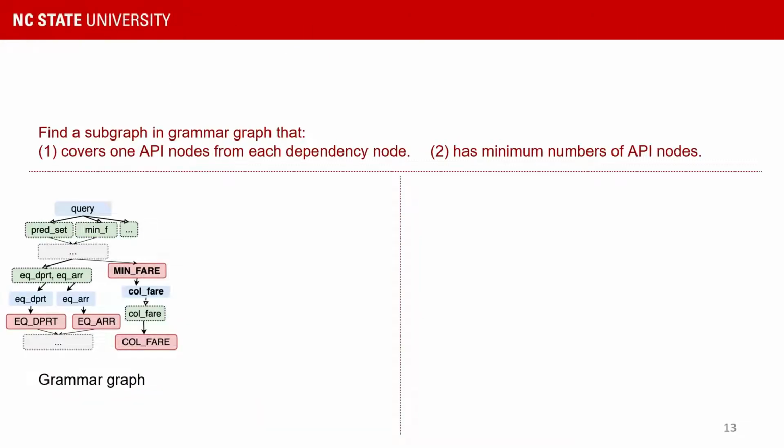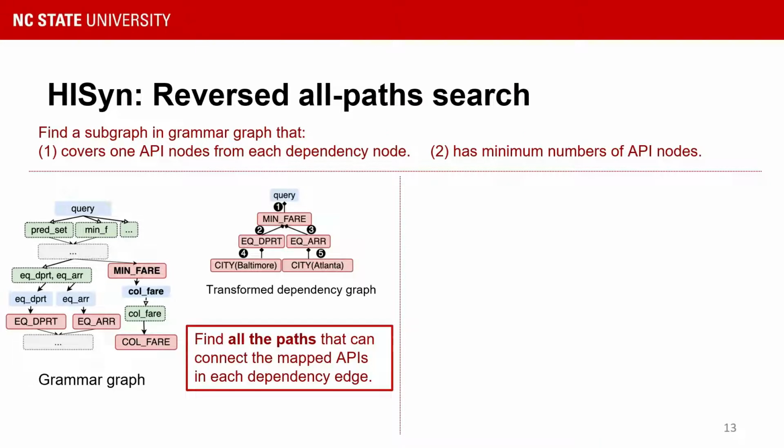Next, we look at all the possible combinations of this dependency graph by selecting a candidate API at each node and translate this into a final output code expression using a reversed all paths search algorithm. The way this works is we start with a transformed dependency graph like the one shown, which has a particular candidate API at each node.